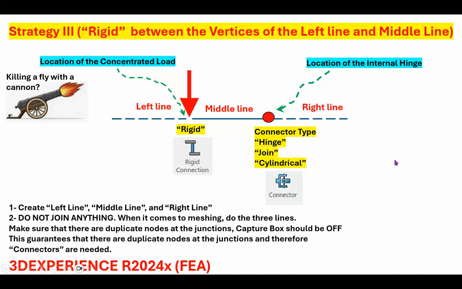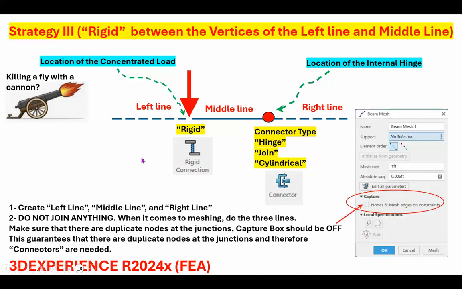So don't join anything, because you want to have duplicate nodes at these points. To do that, we make sure that we don't join anything. And also when we mesh, we have this thing off so that there will be duplicate nodes. I'm not going to do join and cylindrical in this tutorial. I'll just use the hinge connector right there.